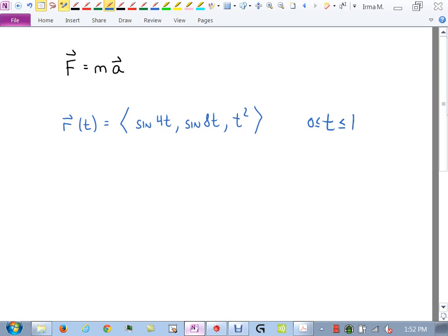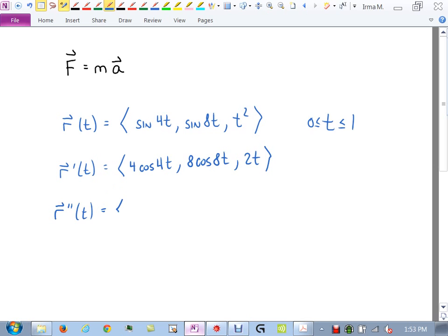The first derivative of this is the velocity function. This is a Cal 1 thing. The first derivative of a function is its velocity, the second derivative is acceleration. So if I take the first derivative, I get 4 cosine 4t, 8 cosine 8t, 2t. And then I take the derivative again.